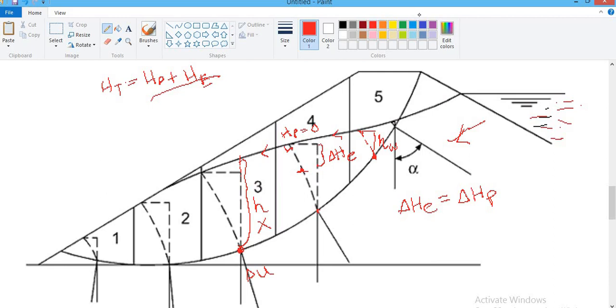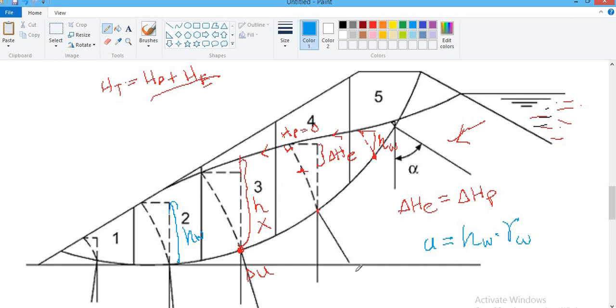So pore water pressure U should be this HW times gamma W, the unit weight of water.